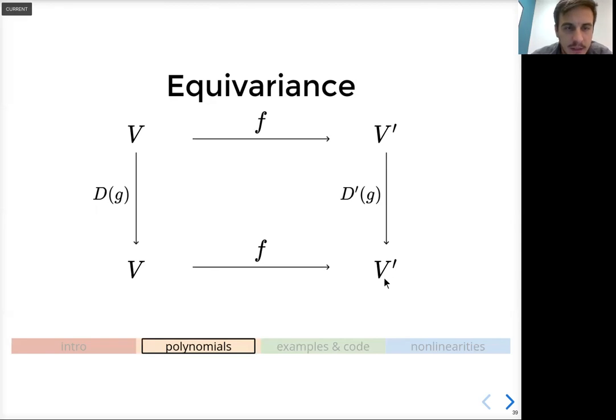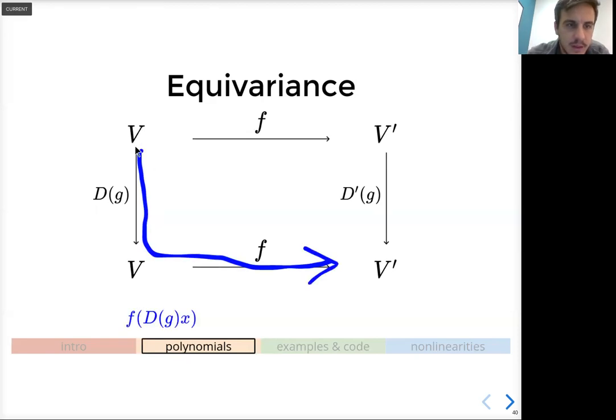And now let's say we transform our system with a rotation, and we can first transform the system with the rotation. So we take an x that is in V, and we apply to it the representation D of g, and then we apply the function. So we get the following expression.